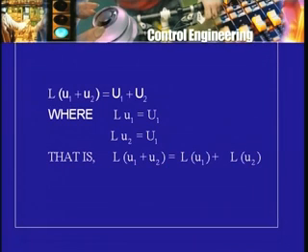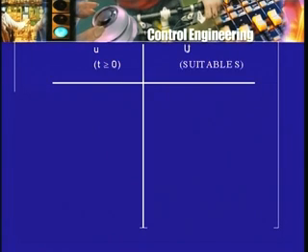That is, you will find a list of functions, they may be denoted by f or u, it does not matter, and their corresponding transforms, capital F of s or capital U of s. The function whose value at any time t is t, remember only for t greater than or equal to 0, its Laplace transform is the function whose value for certain complex numbers s is given by 1 by s squared.